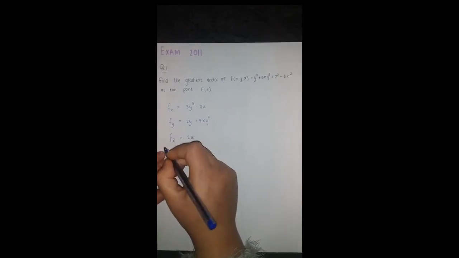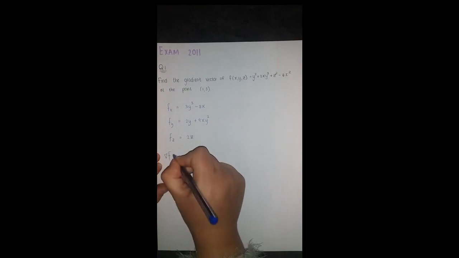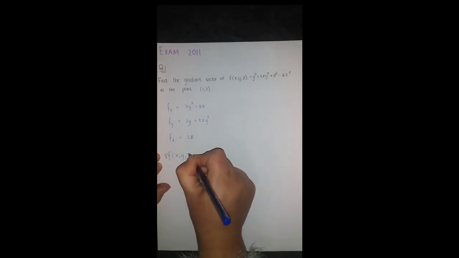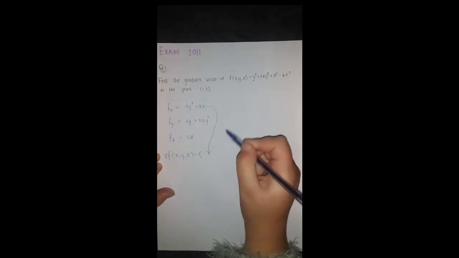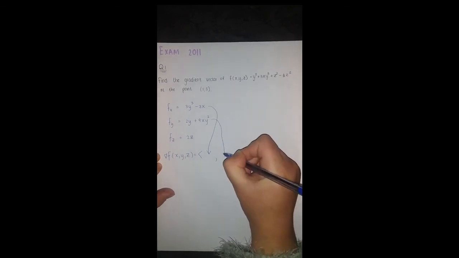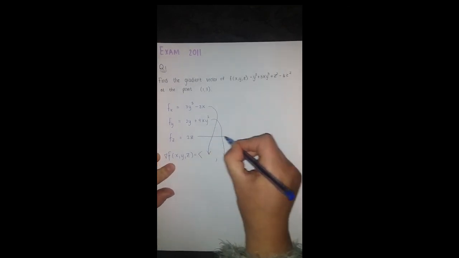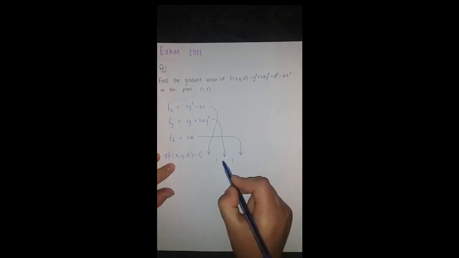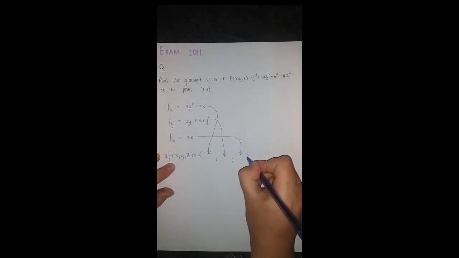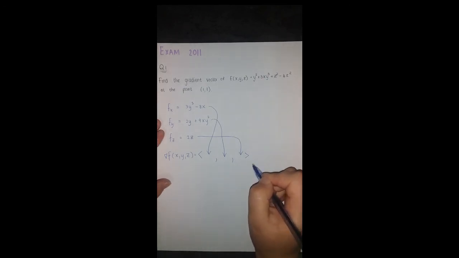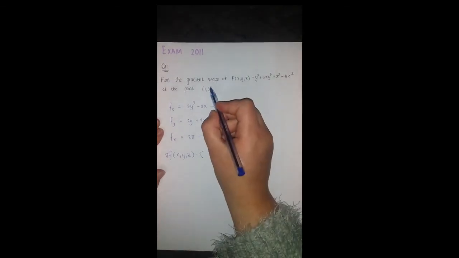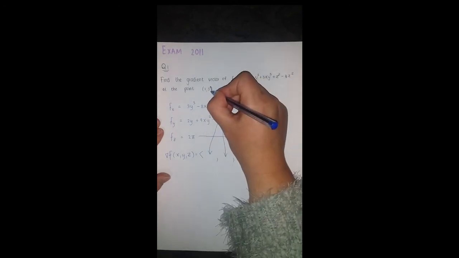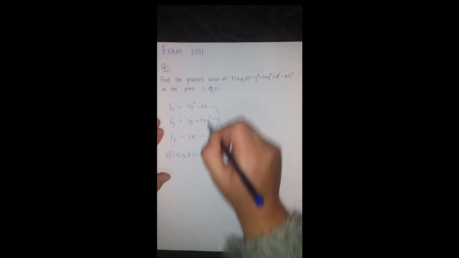Okay, so now you have your gradient vector, which will just look like this. So you add in the x, and then the z, and then the x, the y, and then the z. And then you have your gradient vector. So if we want it at a point, we do like we did in the previous question. We just use this point, which needs a z value, which was 0.